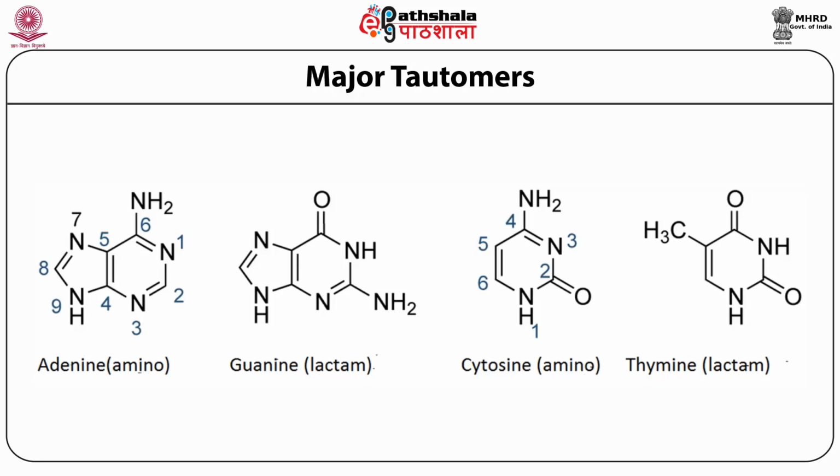We start numbering from N1, C2, N3, C4, C5, C6. The amino group NH2 is connected to C6. Then N7, C8, N9. The glycosylic linkage in purines is through N9.